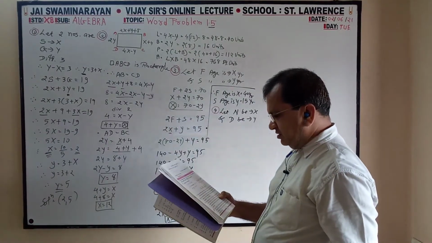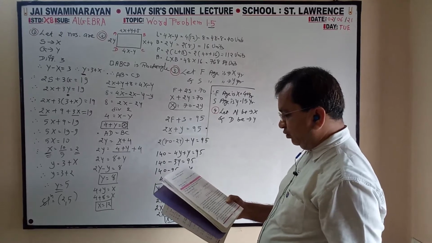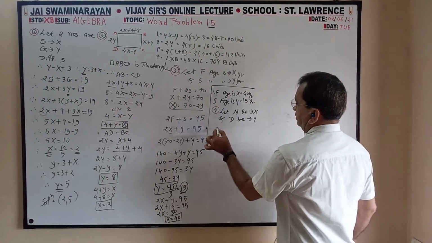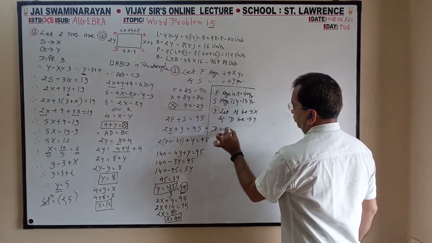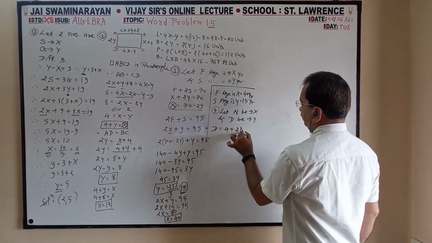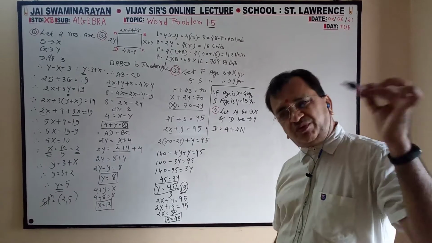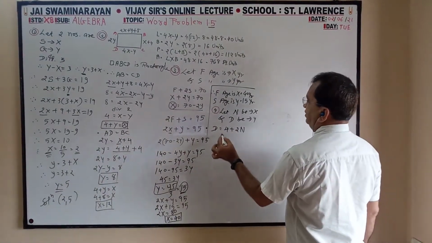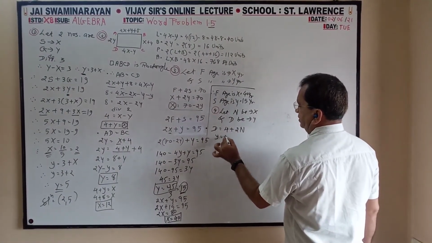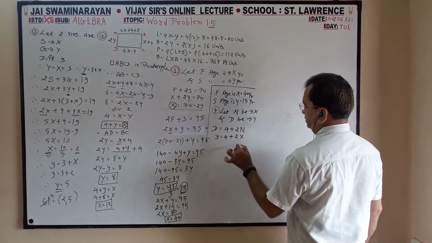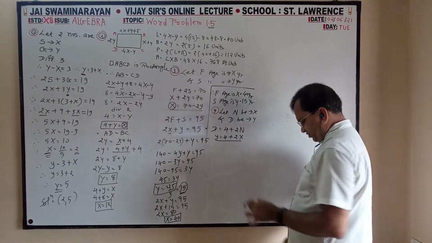Now the denominator of the fraction is 4 more than twice the numerator. So denominator we have considered y, 4 plus 2x. This is condition number 1.